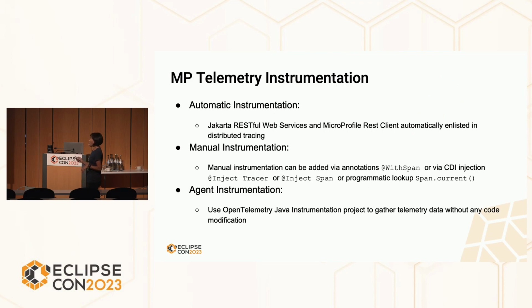So in more detail, I mentioned earlier, automatic. You don't need to do anything. Your REST request is automatically traced. For manual, you can directly use the OTel annotations like @WithSpan, and it's also simplified a lot.